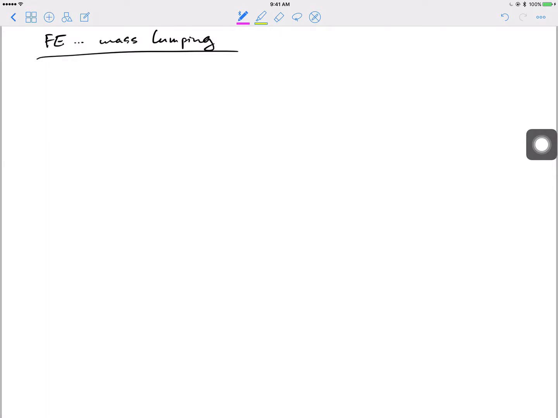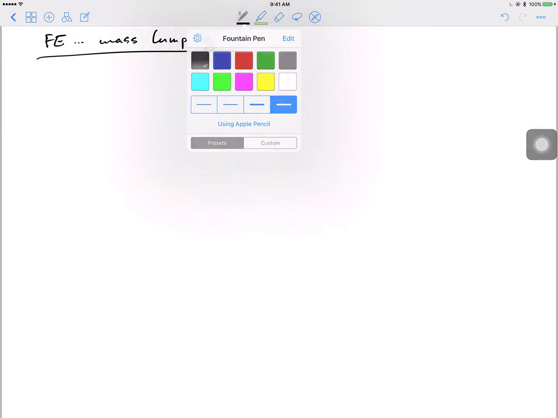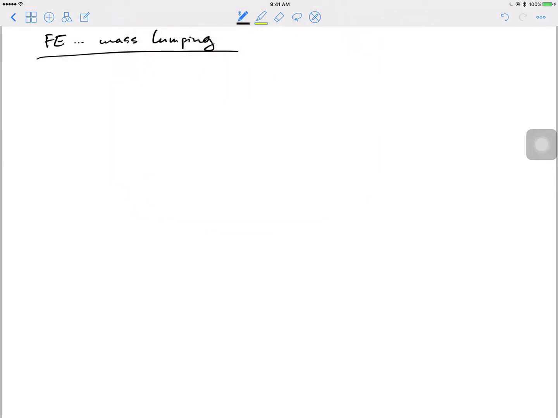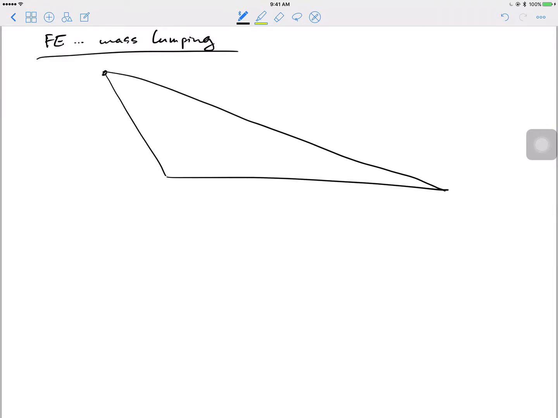So here is how you can do this, and it's actually a kind of cool geometric thing. If you take an arbitrary triangle, let me try to draw a better triangle like this. So this is the triangle, the basic building block of all these finite elements.